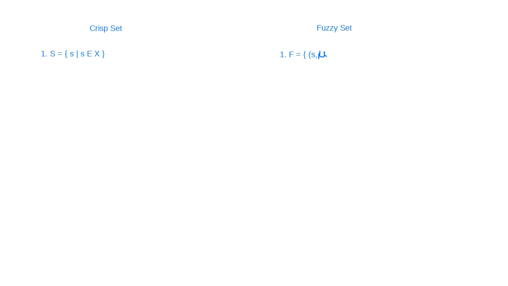But in the crisp set you have only one element, such that S belongs to X. In a crisp set you have a single element, but in a fuzzy set you have two things: the element itself and its membership value.